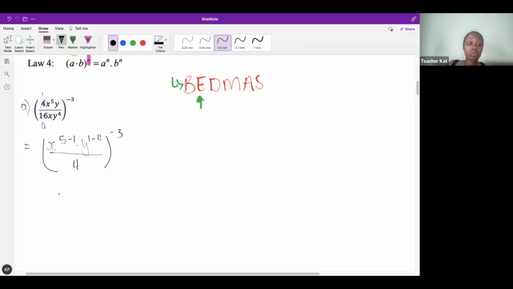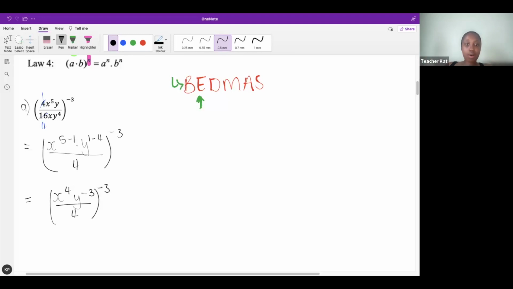And this is still all raised to the power of negative 3, right? Now let's simplify this. X will be to the power of 4. My Y will be to the power of negative 3. And at the bottom is just the 4.